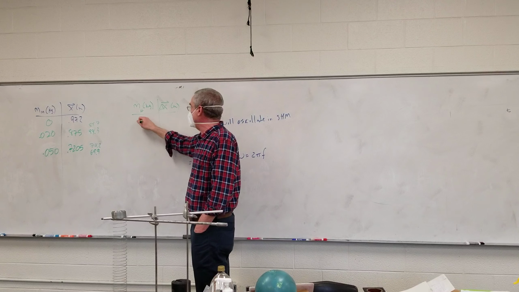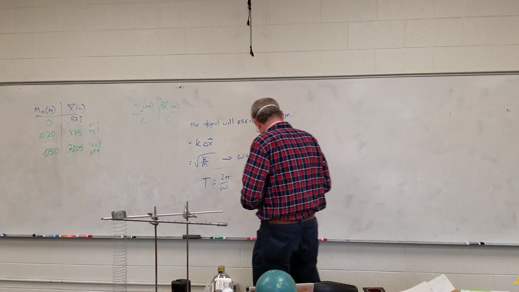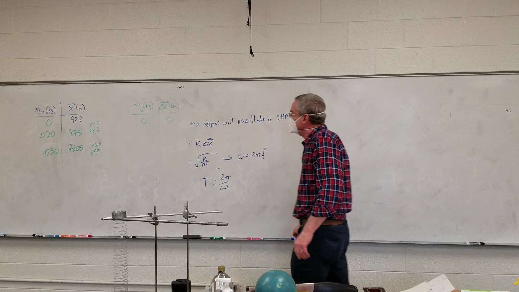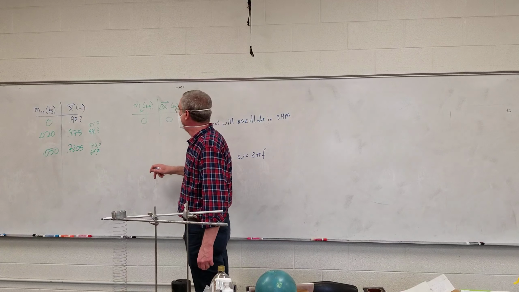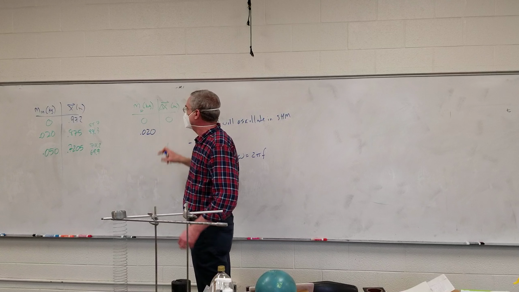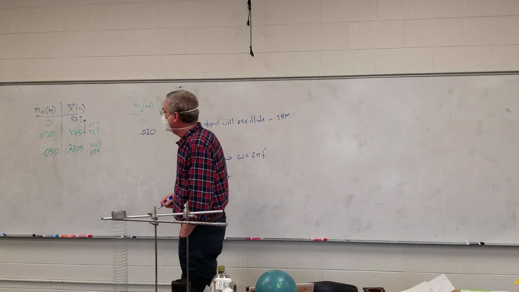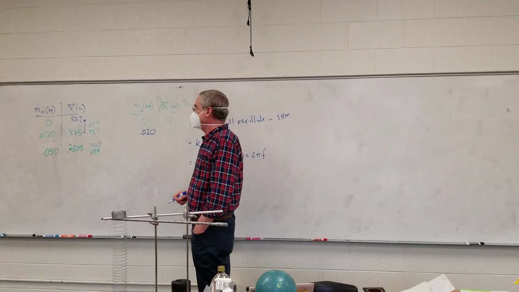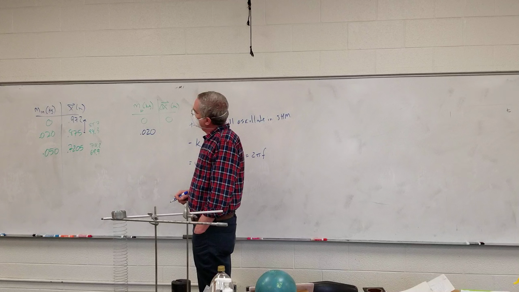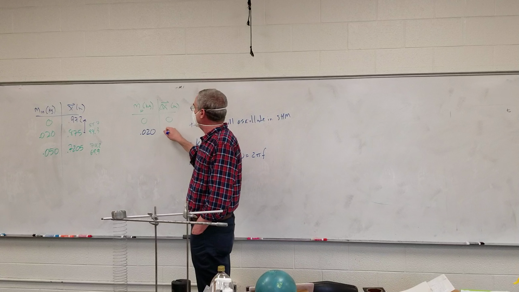Well, when nothing's hanging on it, the displacement is 0, that's its starting point. And then when the mass was 0.020, well, the change there is the displacement. Like 0.8, 0.097.